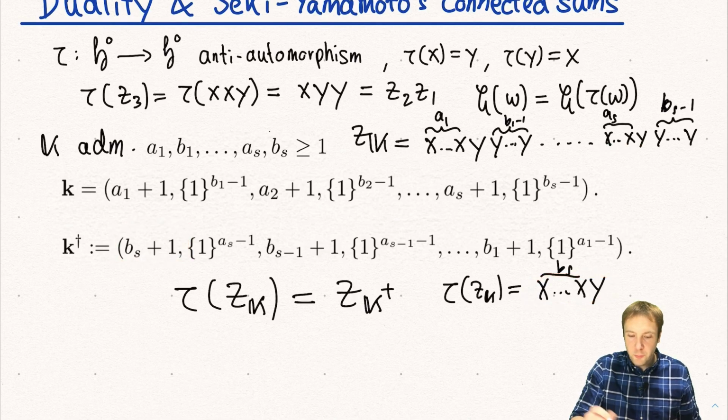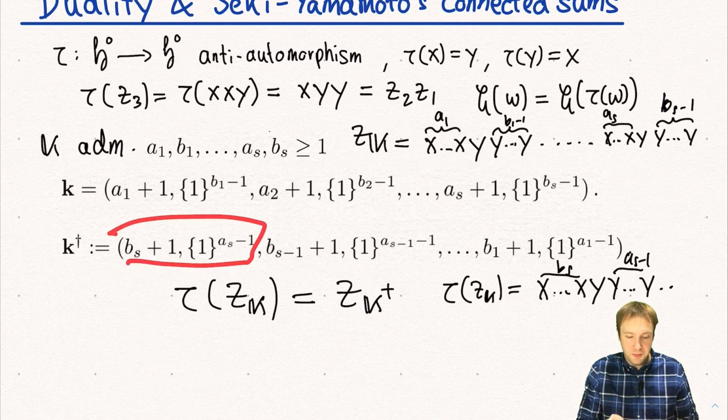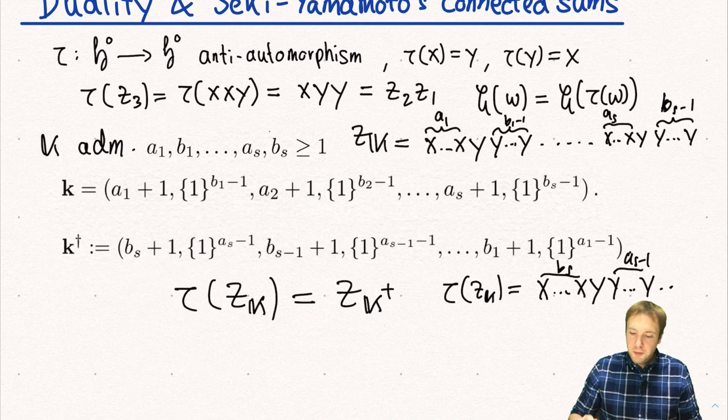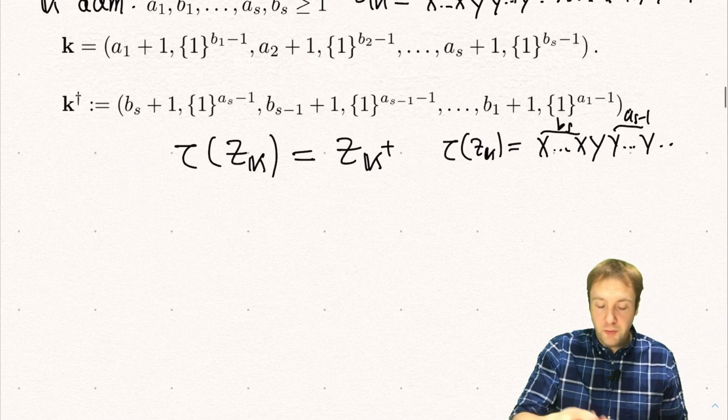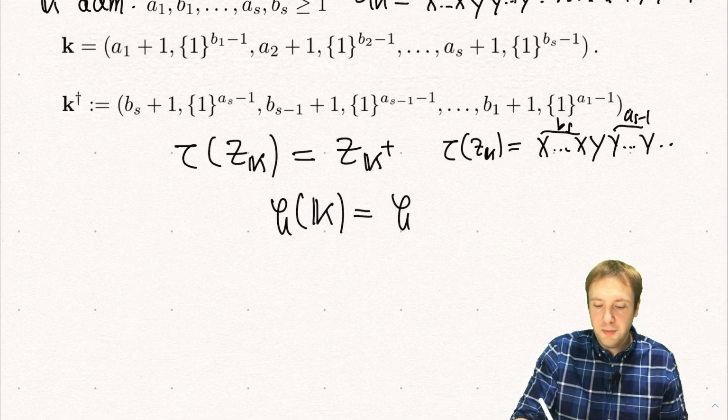And then here I have some y's, which is exactly as minus 1. And so on, and that's how you see that you get this index. So in other words, duality with these indices can be stated as follows. If k is admissible, then zeta of k equals zeta of k dagger.